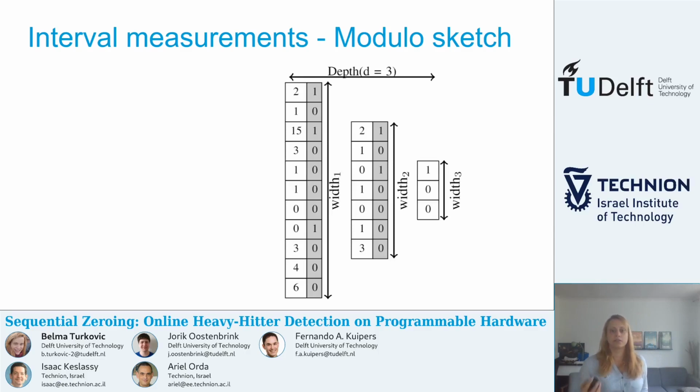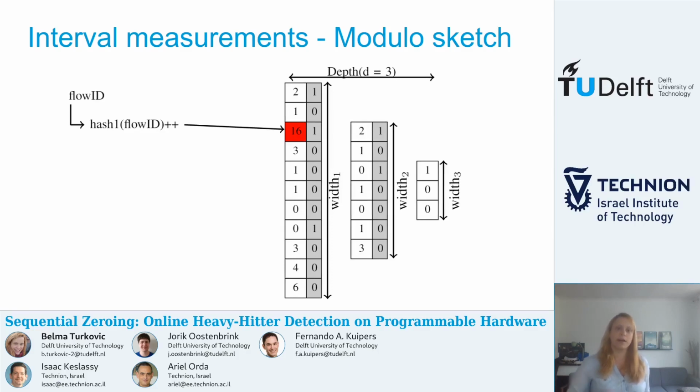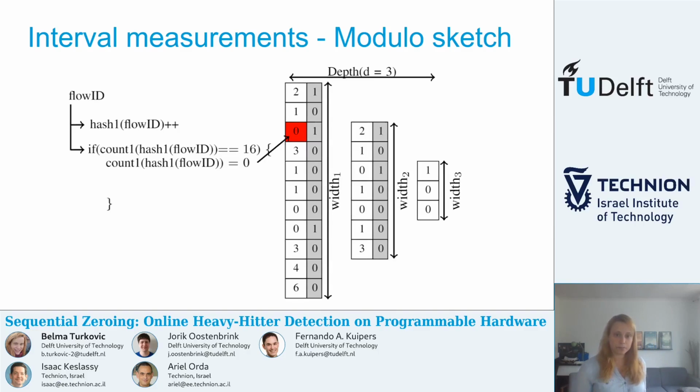Similarly to the count-min sketch, the Modulo sketch also works by hashing the flow ID of an incoming packet and increasing the count in the first table. However, it also compares the value of the count to a threshold, so in this case 16, and if the count is equal to the threshold, the count will be reset to 0.